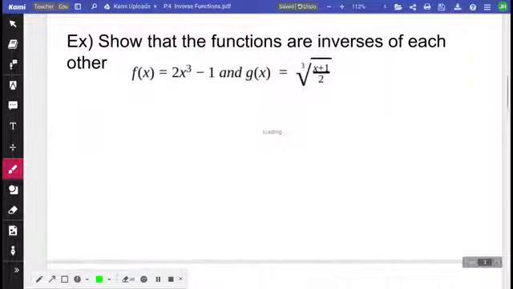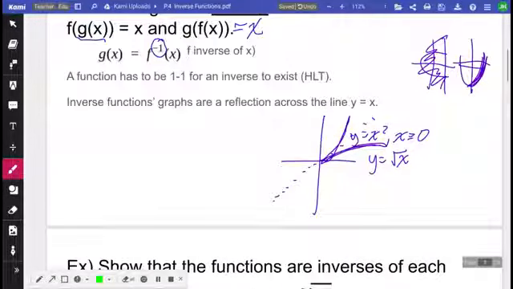All right, we're going to show the functions are inverses of each other. If you back up and look, we have to do f of g of x and g of f of x. You don't get to just do one side because certain things can pass on one side and fail on another side. So we will do it on both sides.